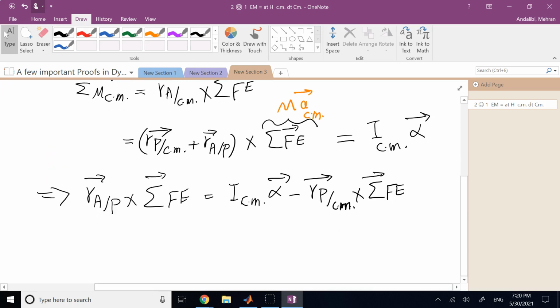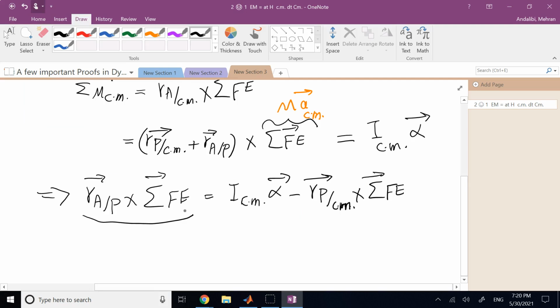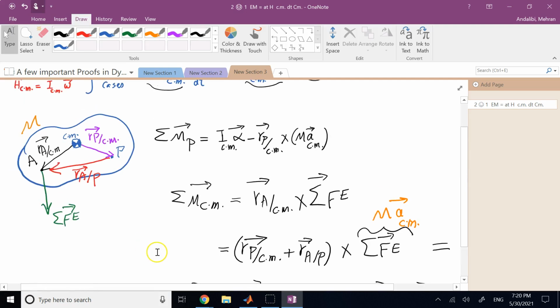Now what? What's this term here? It is the position vector of A with respect to P cross the forces applied at A. Correct? So it's this force cross this arm. So it is going to be the moment of all these forces with respect to what? P. So it is this guy here on the left.